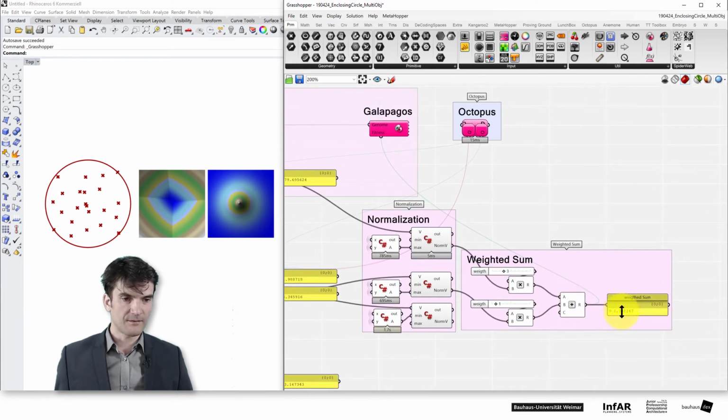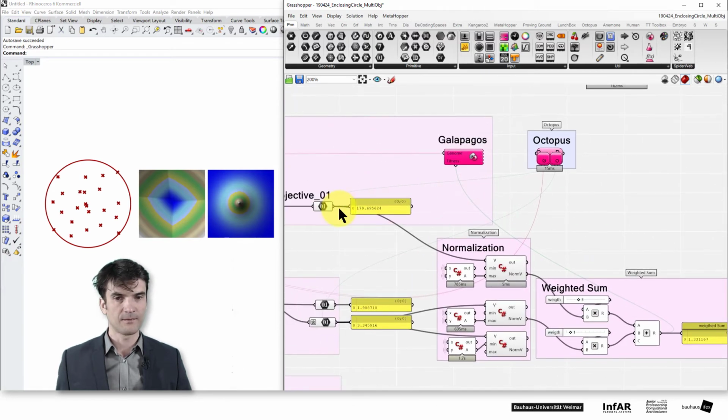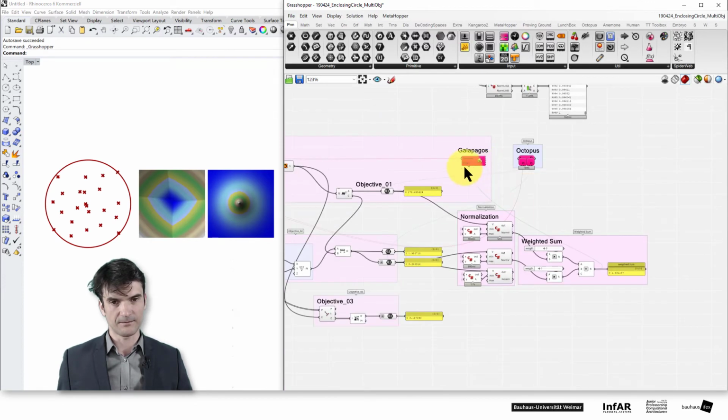Putting this together gives us a weighted sum. In this case it's above 1, because here we multiplied by 3 and here we have another value. And now you see this weighted sum value is used as the fitness value for our Galapagos optimizer.